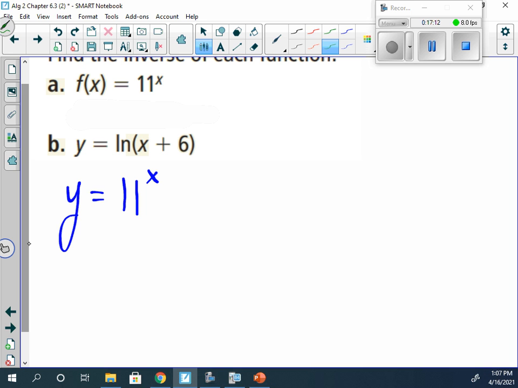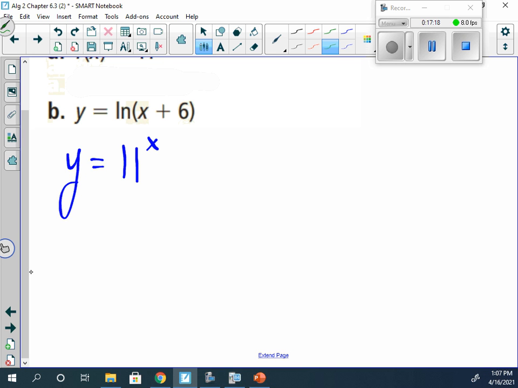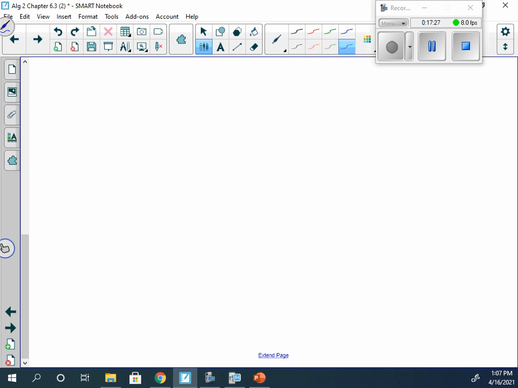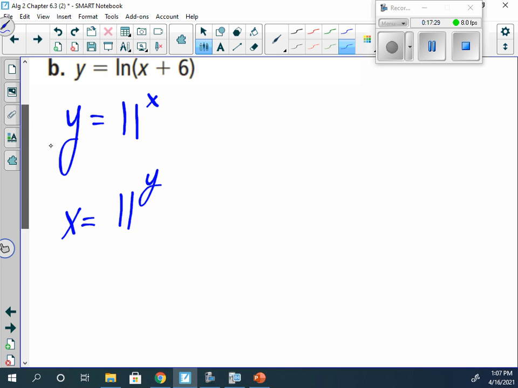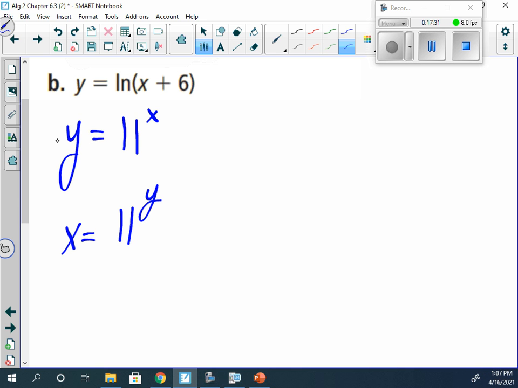Well, the first thing we can do is what? We need to switch the x and y, which would give us x is equal to 11 to the y. Any questions on this so far?